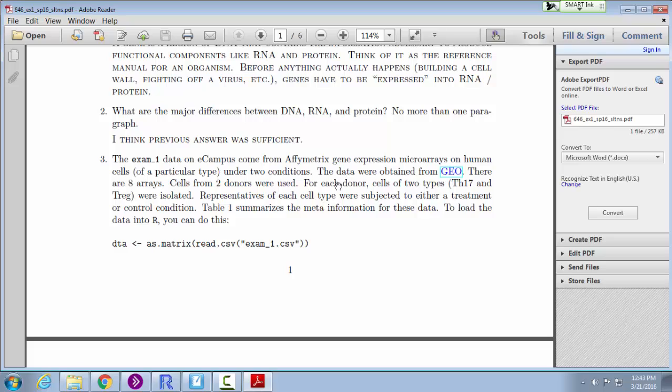And there are 2 conditions that are going to be compared, and 2 cell types that are going to be compared. So basically this is a human population, and we obtain cell samples of a particular type from people.